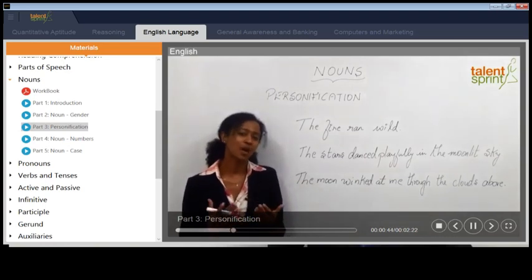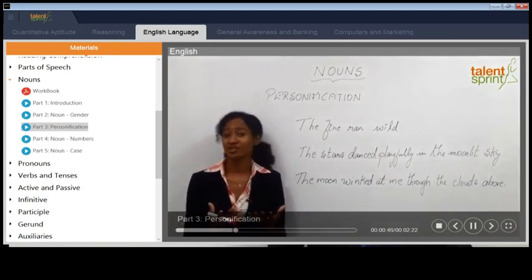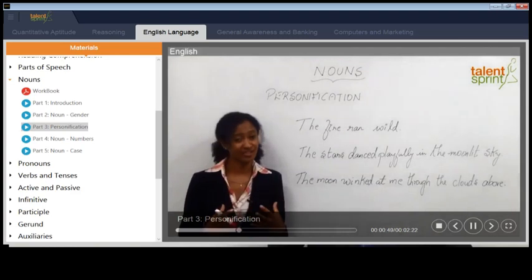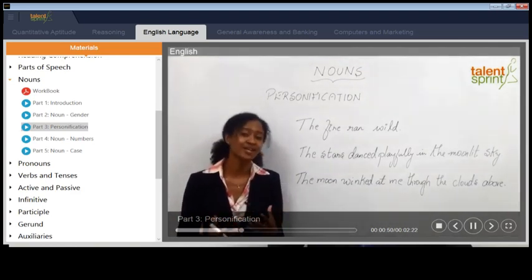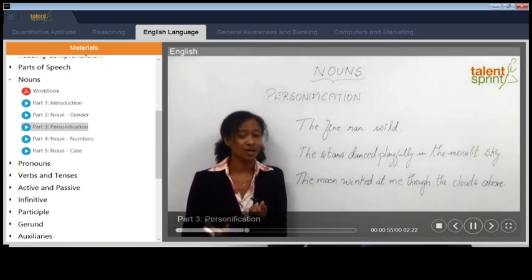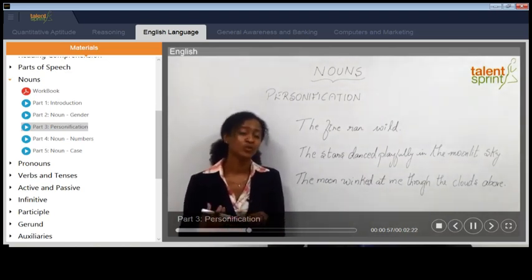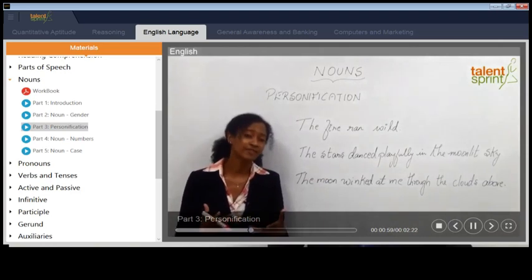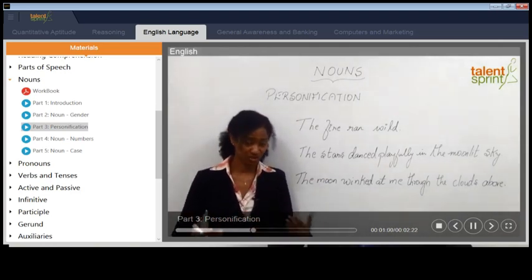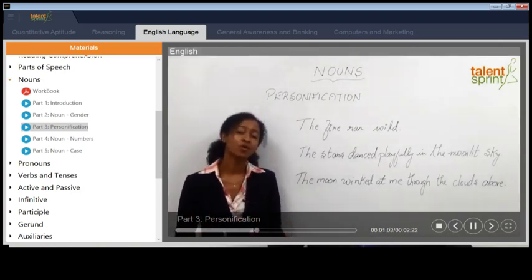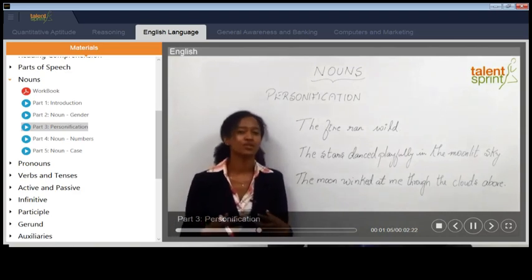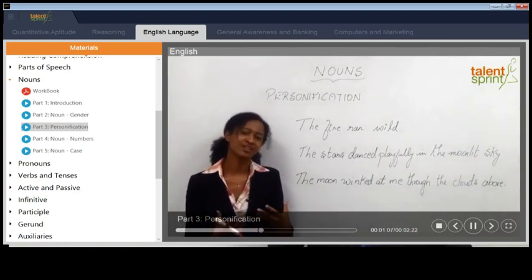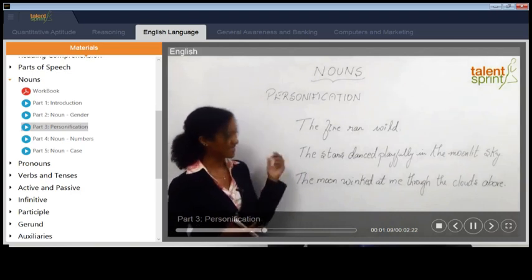And nouns that are remarkable for their beauty, fertility, inferiority, grace are regarded as female. Moon, stars, and even qualities like love, virtue, nature, earth, and also the names of trains or machinery, all of that are female. Let's look at some examples.